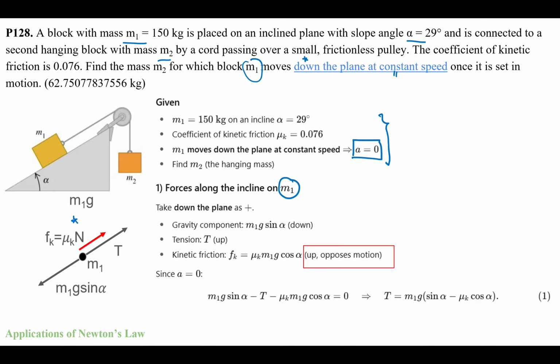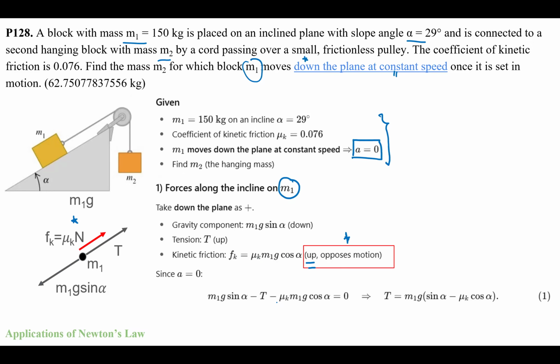But in this case, importantly, the kinetic friction is actually up because this M1 tries to move downward. Friction is always opposing the motion.